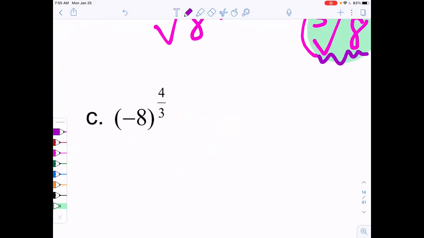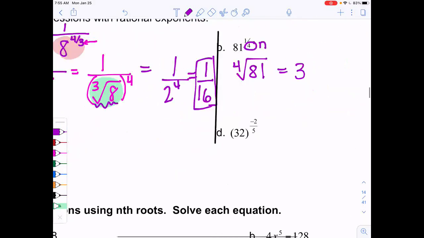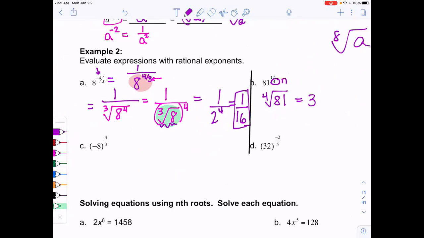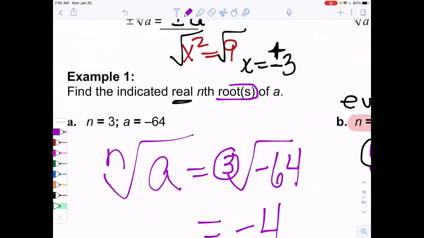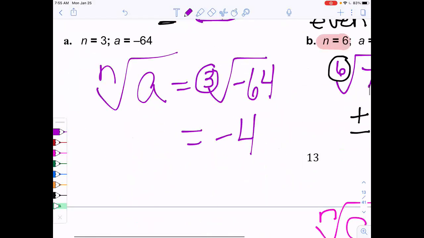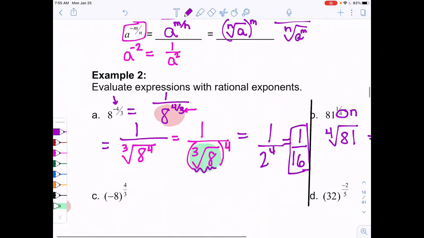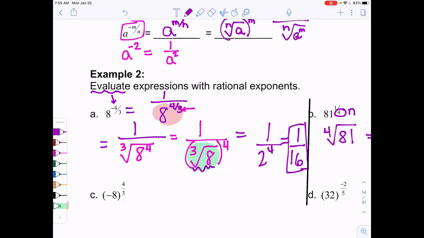-8. Miss Kane, would it be plus or minus 3? You know what? That's where it becomes tricky. So the difference in the directions, here it says to find the roots, which means you're technically solving for x, and that's when it's plus or minus. Oh, okay. I know it's tricky. This just asks you to evaluate, and when you're evaluating, you're not truly solving for anything, you're just breaking the given number down.